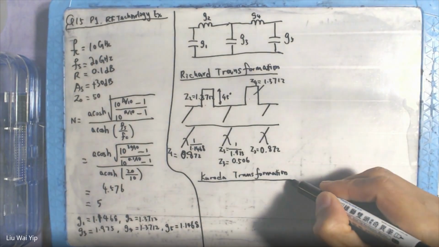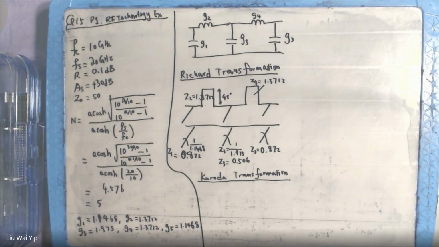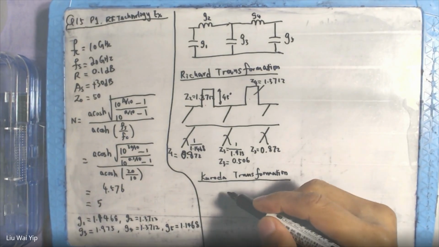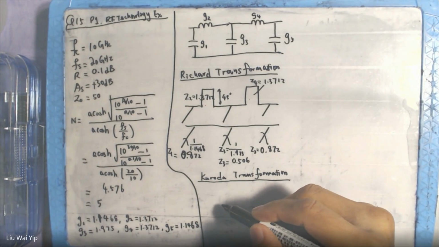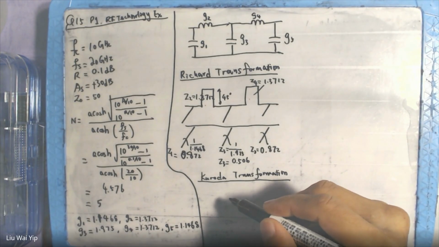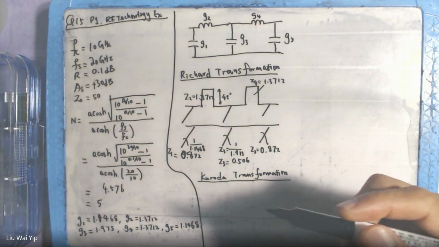So what are they? They are the method that can transform a short circuit stub into an open circuit stub, and the other way around.